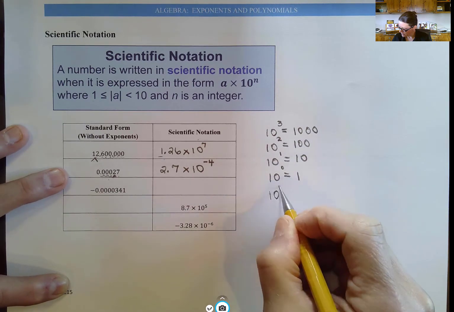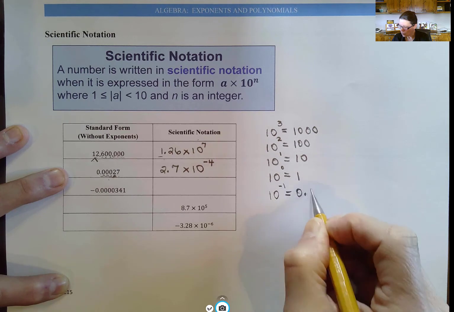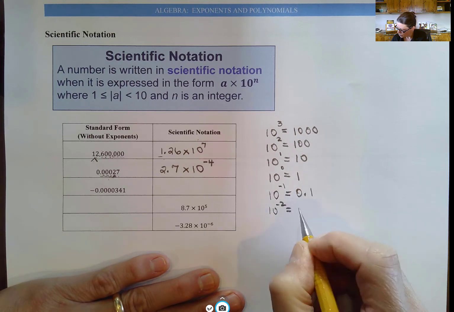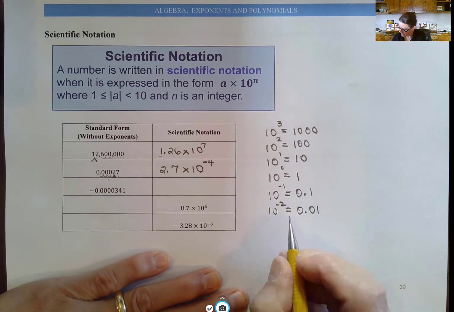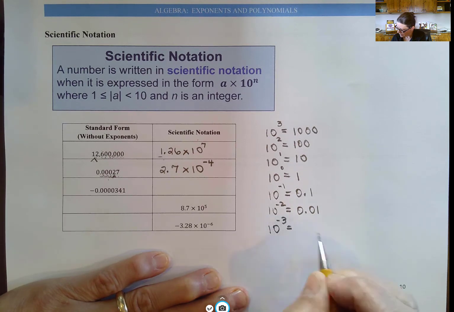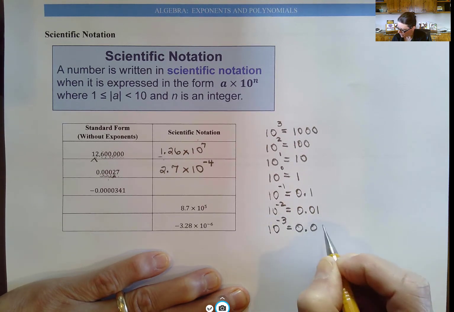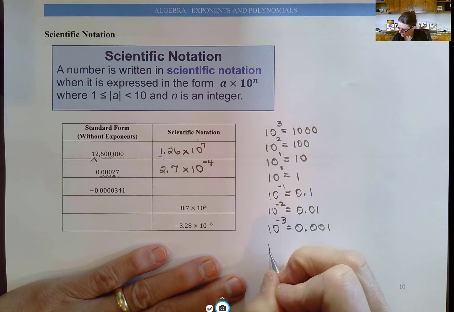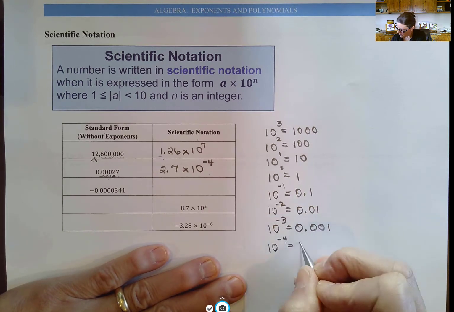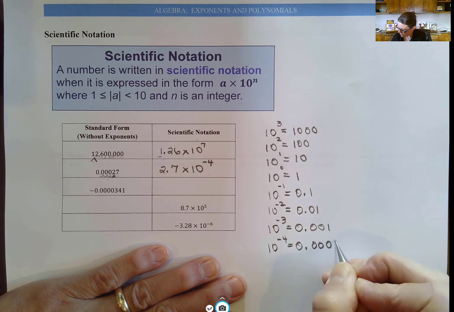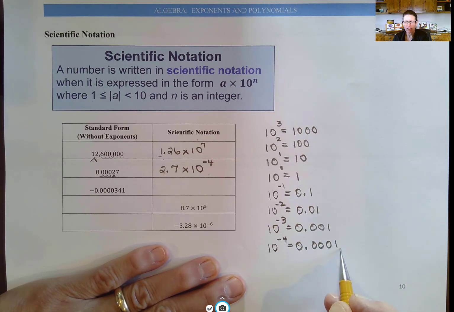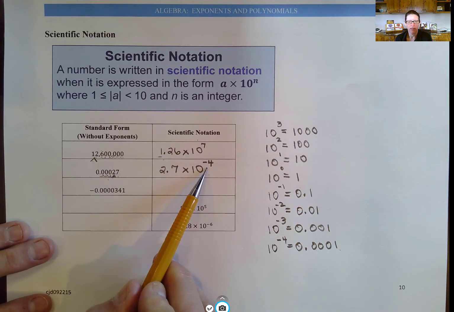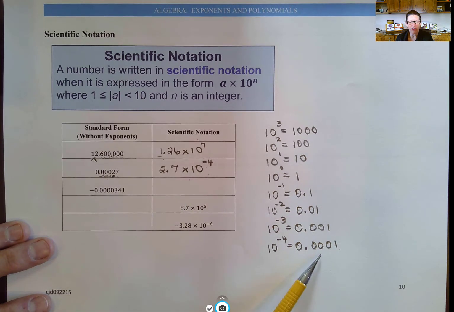Continuing in like fashion, 10 to the negative 1 is 1/10 or 0.1. 10 to the negative 2 is 1/100th or 0.01, and 10 to the negative 3 is a 1,000th or 0.001, and so on. 10 to the negative 4, let's go one more step here, is 0.0001. So notice there are 4 decimal places in that number. So anytime we use a negative exponent with 10 as a base, we're dealing with a very small number.